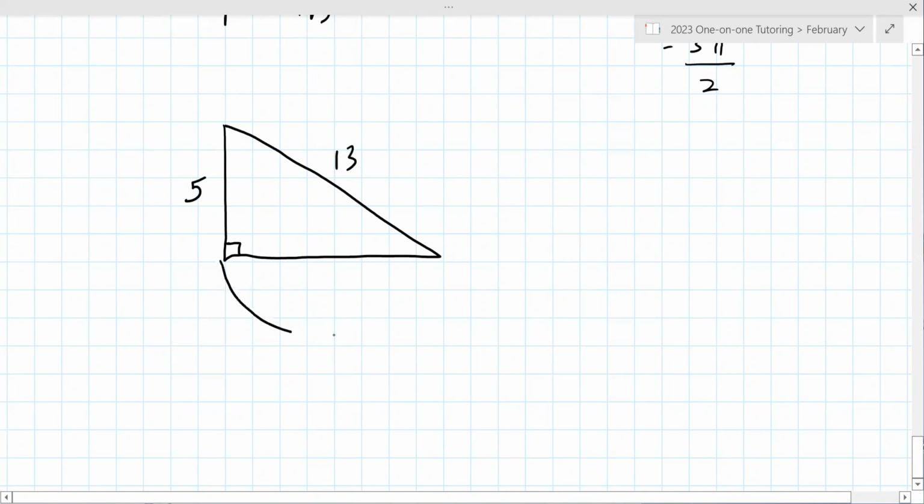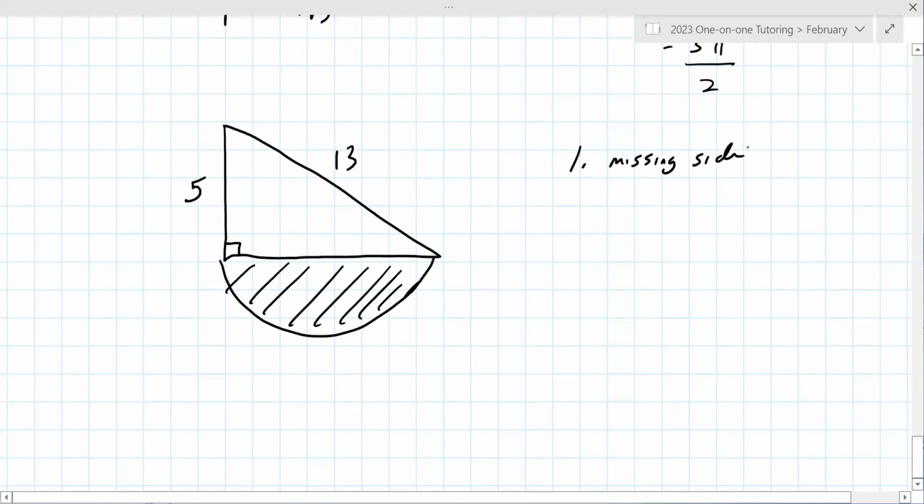Okay, so here's a variation on that first problem. I'm gonna step you through this. The first thing you need to do is find the missing side. All right, so I think I'll do a squared plus b squared equals c squared.